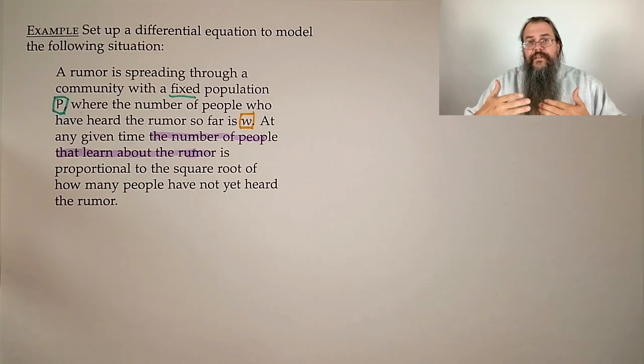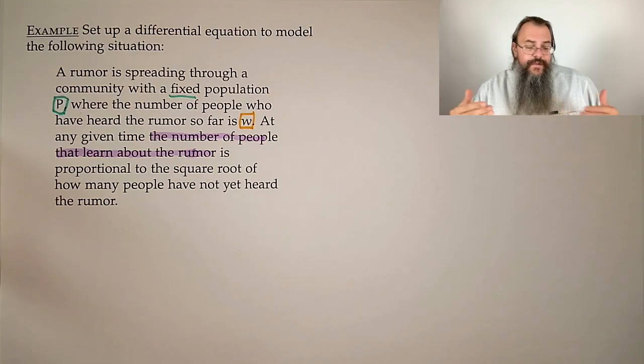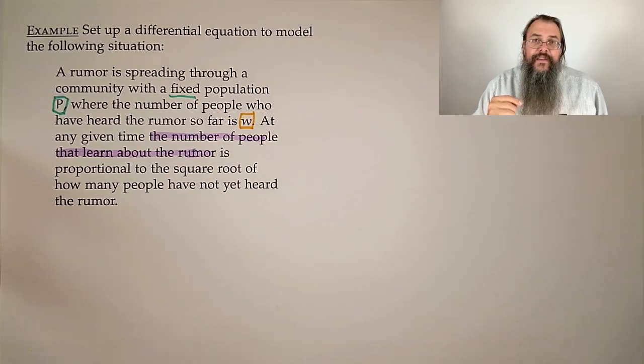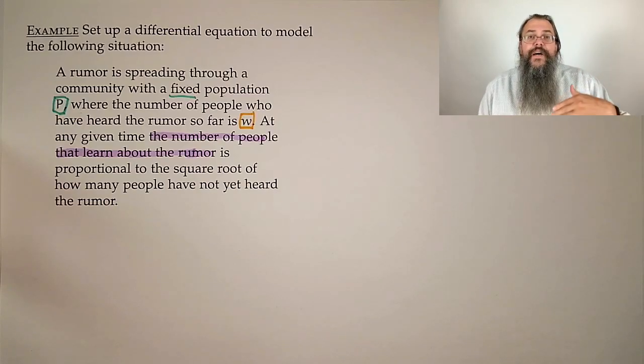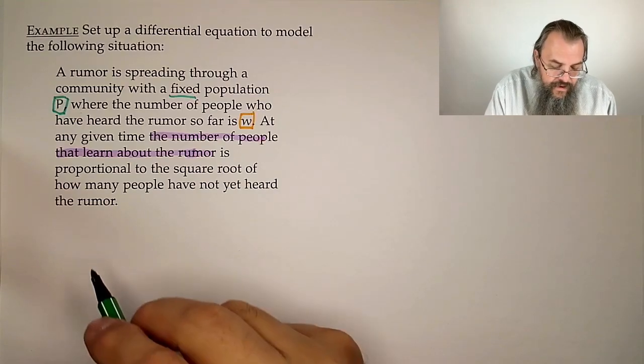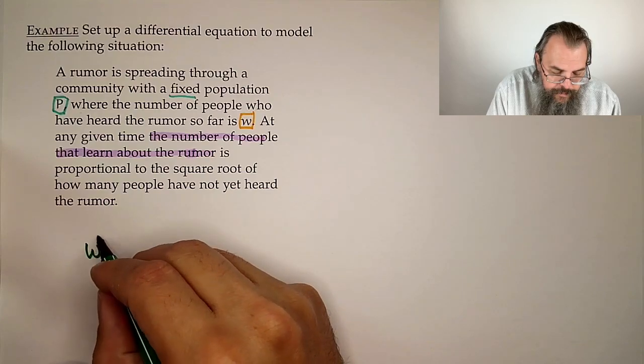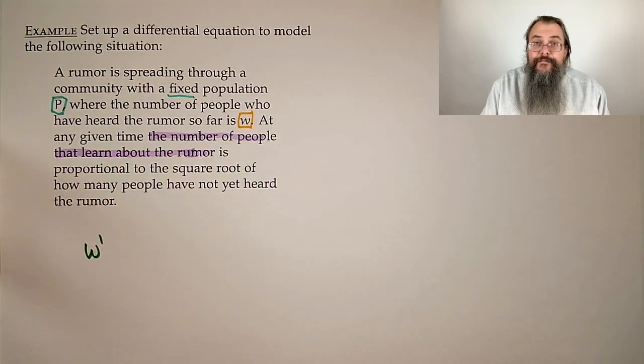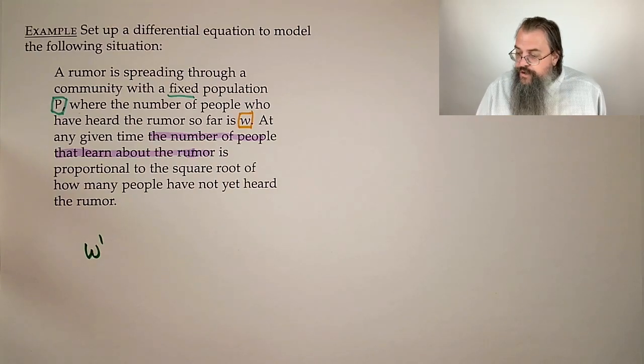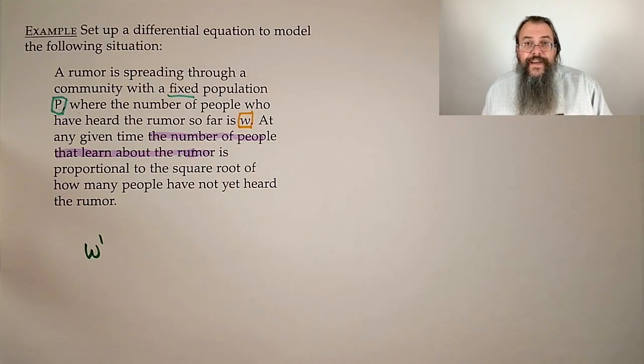So when you see something that says, oh, this is a change in something, what you're really looking at is, okay, we capture that by the derivative. So W prime. That's that first statement. All right, great. Progress. Good progress. All right, the next one is very short, but also very important.